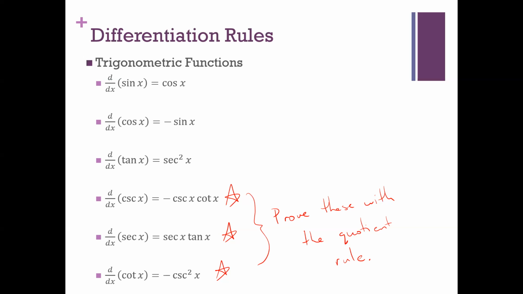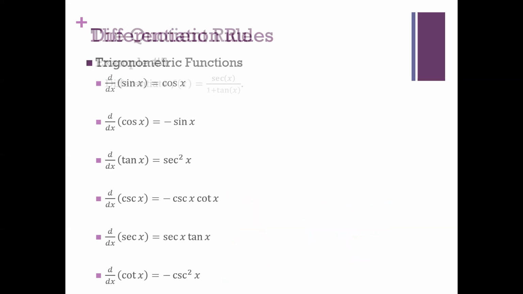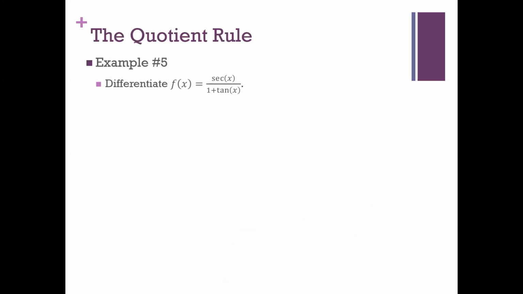All right, I can come back to this at the end of class, but let's finish up. So now that we have those new rules, let's go ahead and use them. I want to find the derivative of this function, secant of x over 1 plus tangent of x. I'll let you all walk me through that.